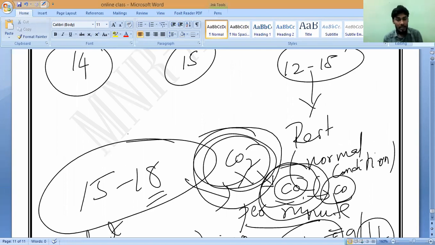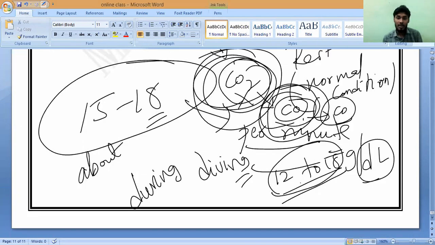In the same way, in respiration, if we supply enough oxygen, carbon dioxide is released, or else it leads to the poisonous gas called carbon monoxide. Note it down, please. Carbon monoxide is very highly poisonous, and we can also call it a silent killer.